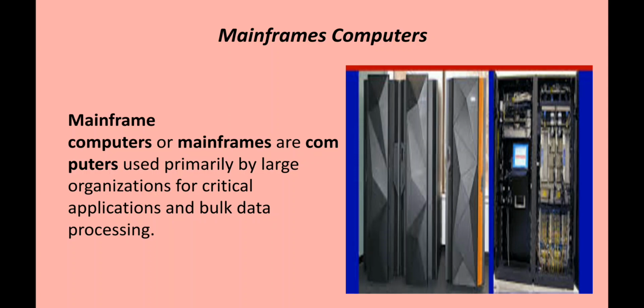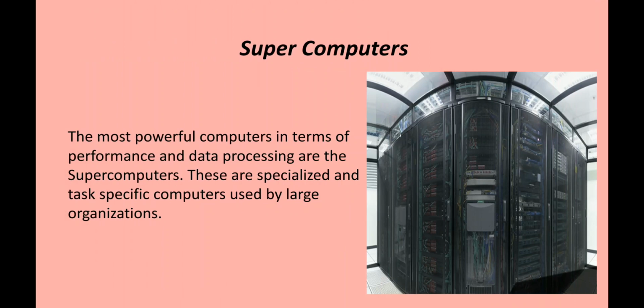If one branch of a bank has 100 customers or 1,000 customers, then calculate that in one city there are 10 branches of a bank, then widen it to one state, then one country. Think about how many millions of customers it has in one bank, right? So this is calculated by the mainframe computer.